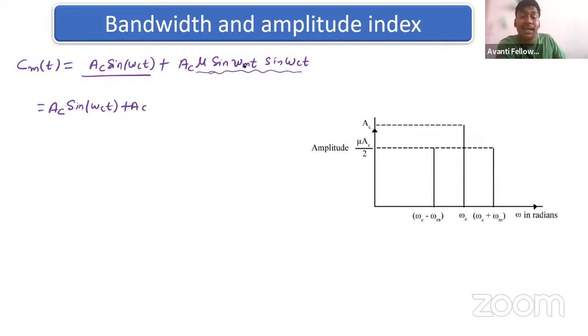Now I can write this using the identity: sine A sine B can be written as cos (A minus B) minus cos (A plus B). Here we will have a minus sign also.